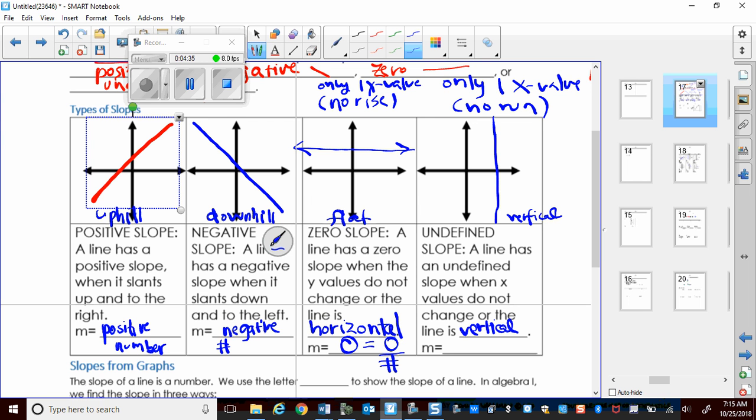And we say that the slope either has no solution, it's undefined. You might also see the phrase does not exist. And it comes in the equation form, x equals a number.